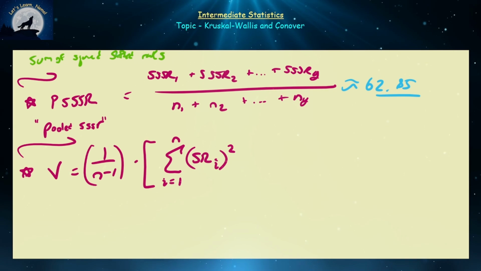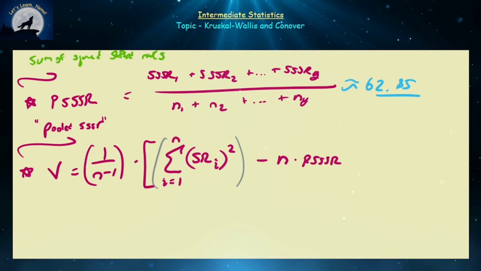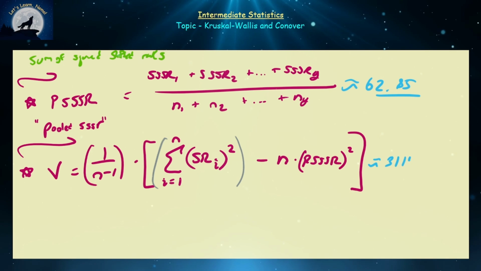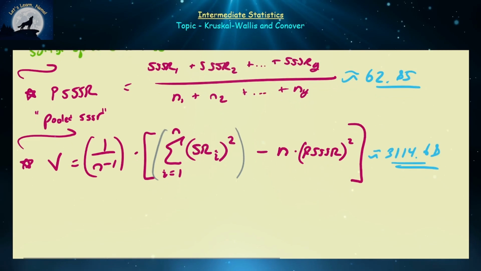That's what this particular sum is equal to. Once we're done with that, we're then going to subtract off the total sample size, N1 plus N2 all the way down to NG, multiplied by our PSSR value, and then square it. Once we do that, for our particular example, you're going to get 3,100.1468, just to make sure you're calculating everything correctly.